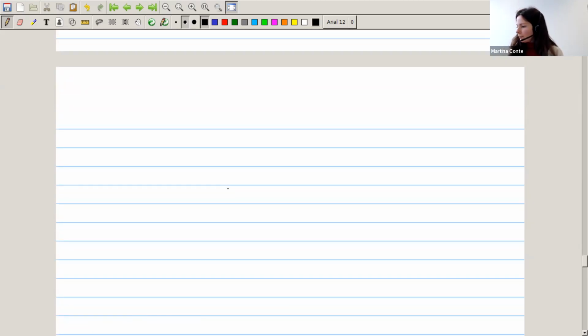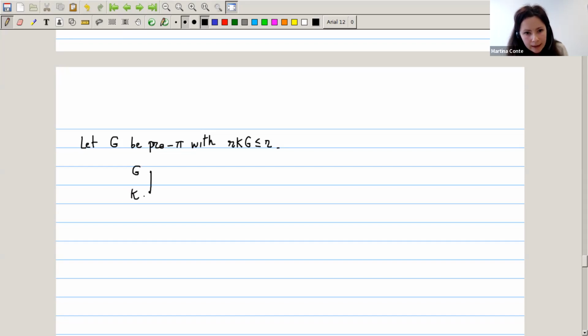So I can give a sketch of the proof of this result. The main point here is the following. If we start with a pro-pi group G with rank bounded by R, thanks to a result that uses the classification of finite simple groups, we can find a subgroup K that has the following features.